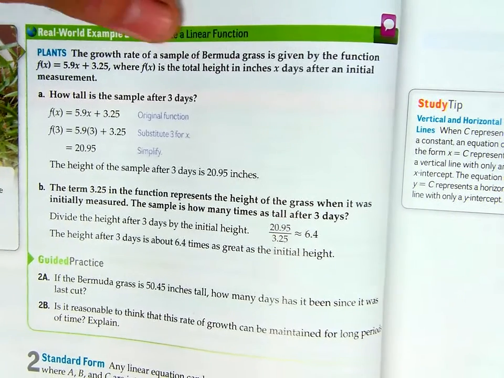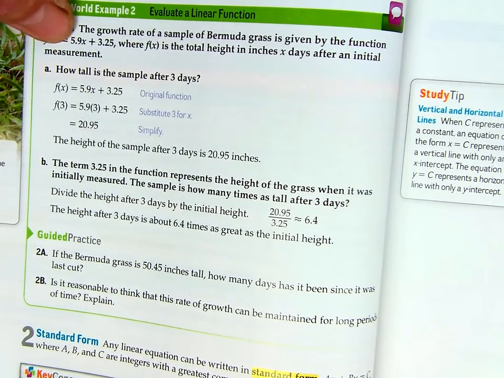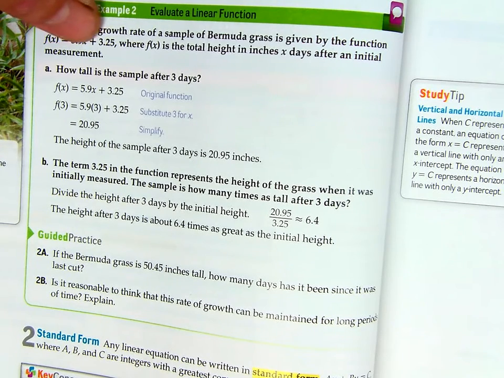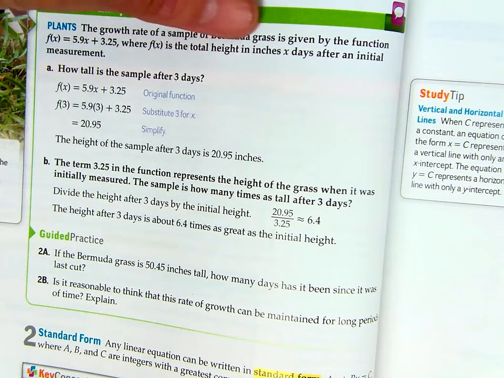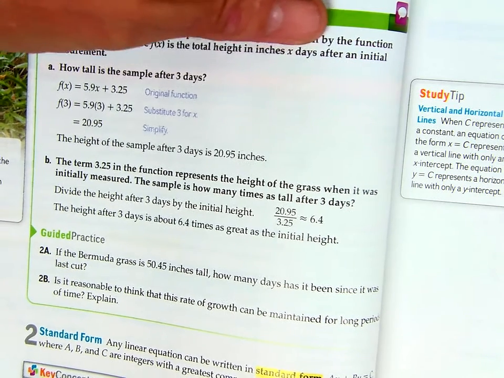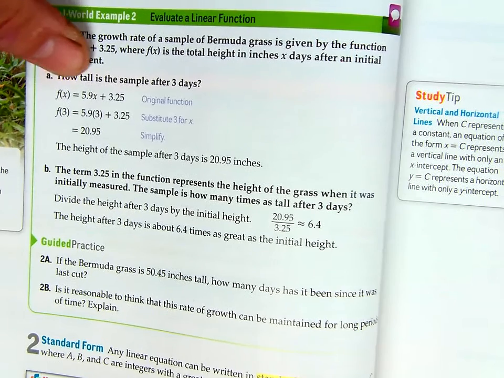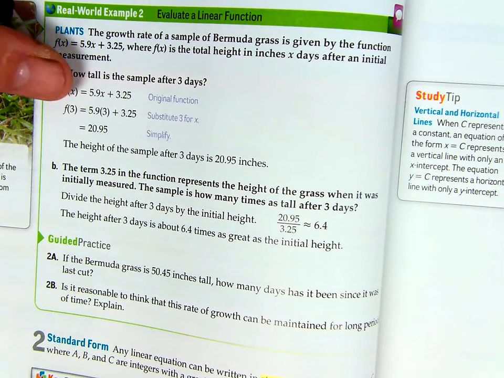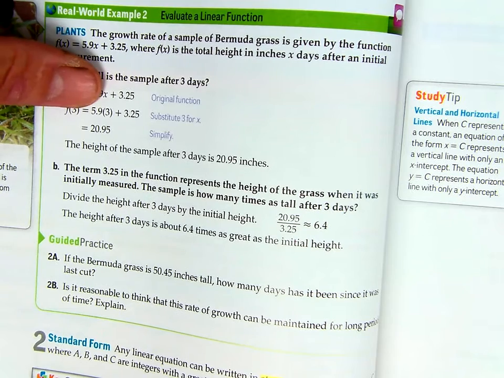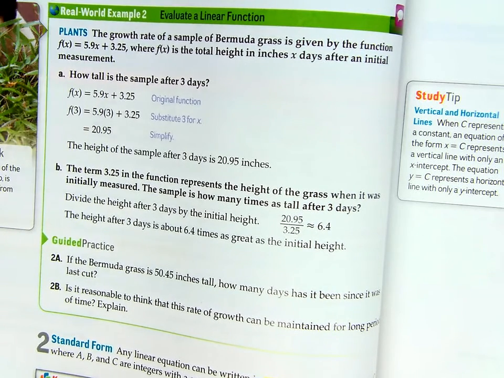The growth rate of a sample of Bermuda grass is given by the function f of x equals 5.9x plus 3.25, where f of x is the total height in inches, x days after an initial measurement. How tall is the sample after 3 days? You just simply take the x out, replace it with the 3, work it out and get an answer.